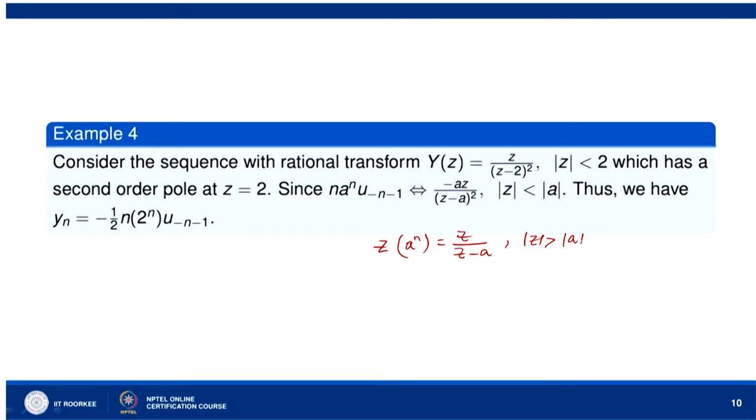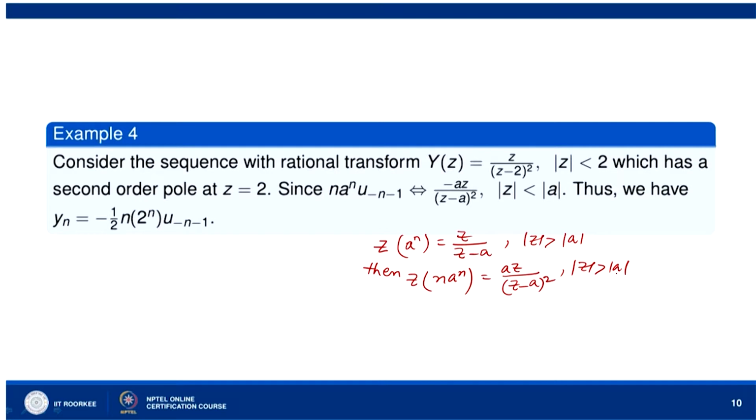Okay. And then we know that the Z transform of n a to the power n is equal to a Z divided by Z minus a whole square when mod of Z is greater than mod of a.